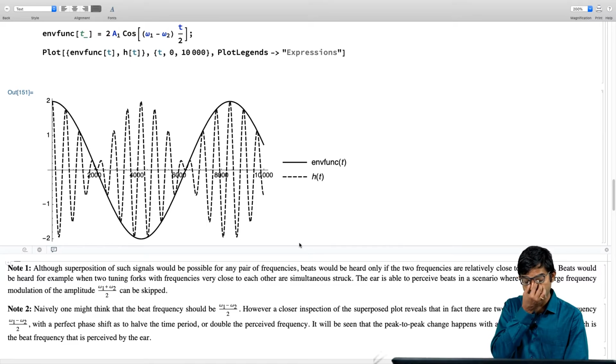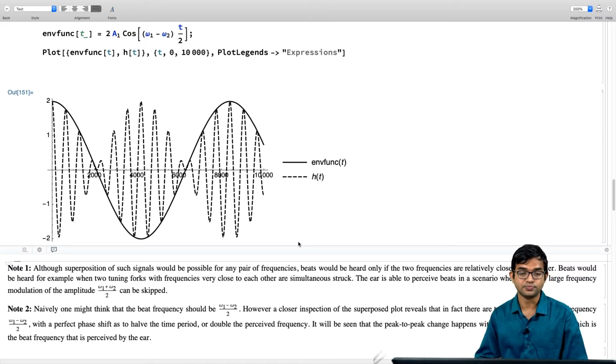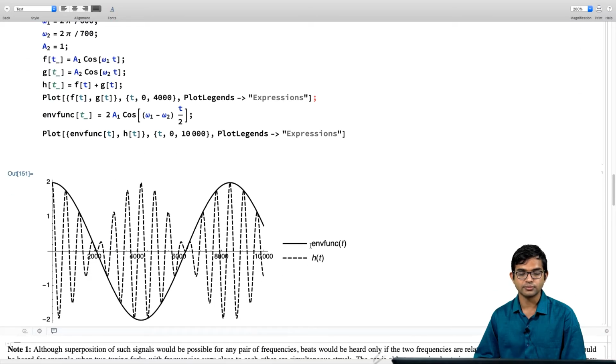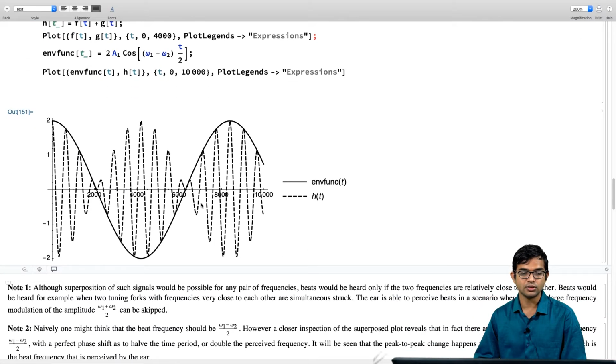And also the other very interesting point to note is that actually the beat frequency is not (omega 1 minus omega 2) by 2. You might naively think that just looking at this expression, it's going to be cosine of (omega 1 minus omega 2) by 2. But in fact, there is this envelope, and then there's the other envelope as well, which I have not drawn.